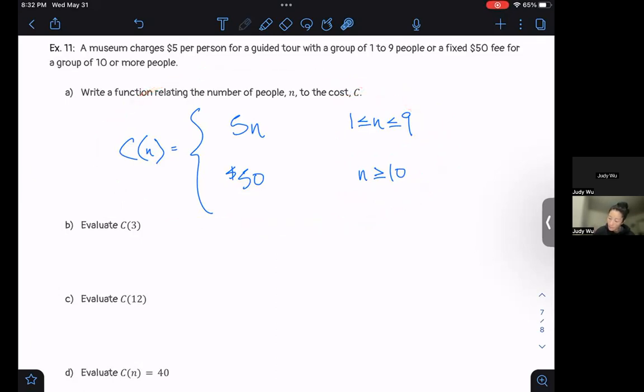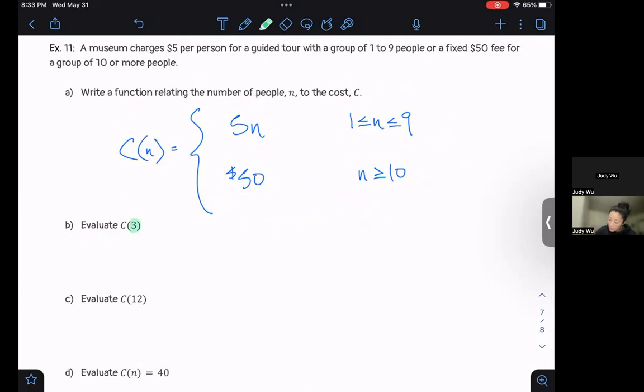All right. Now, let's talk about how we read a piecewise function. So here it says evaluate C of 3. So now that we have more than one function, how do we know which one we use, the first one or the second one, right? That's a super valid question. It turns out that this number in here will tell us which one to use.